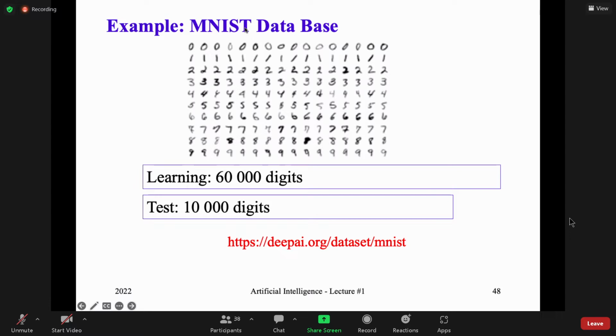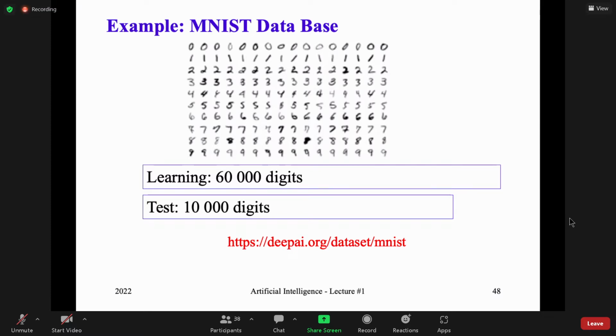It's from the US, but it was developed maybe 30 years ago by LeCun. LeCun, I remind you, is a very famous French researcher who is in charge of artificial intelligence at Facebook. He is located in the US, but he developed this database 30 years ago.